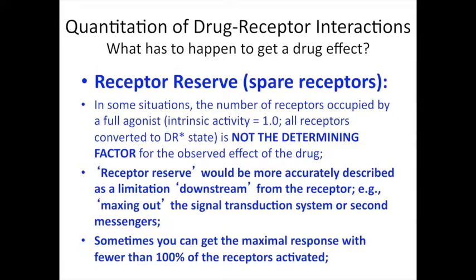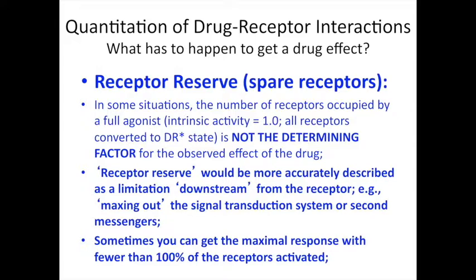And the third thing is, maybe that receptor system has what are called, inappropriately called, spares. In some situations, you can get a maximum effect by only occupying 50% of the receptors, for example. And those extra receptors don't matter much. But here's the question, because they do matter in some situations.